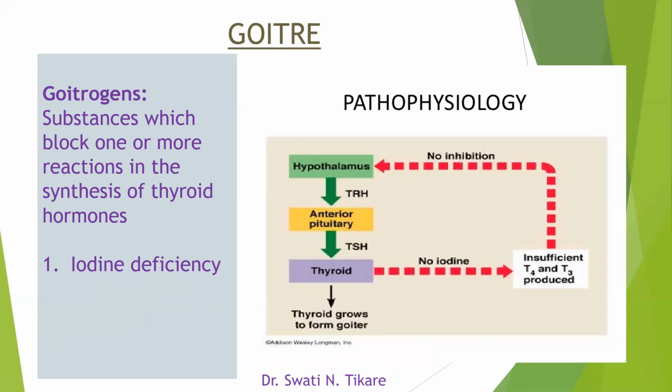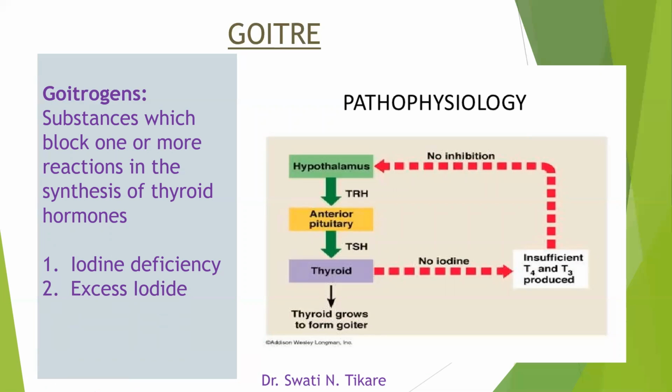Which are these goitrogens which can result in the decreased formation of T3, T4? First and foremost is iodine deficiency. Whenever there is an iodine deficiency, an adequate amount of T3, T4 is not formed. On the contrary, excess of iodide also blocks thyroid hormone synthesis.